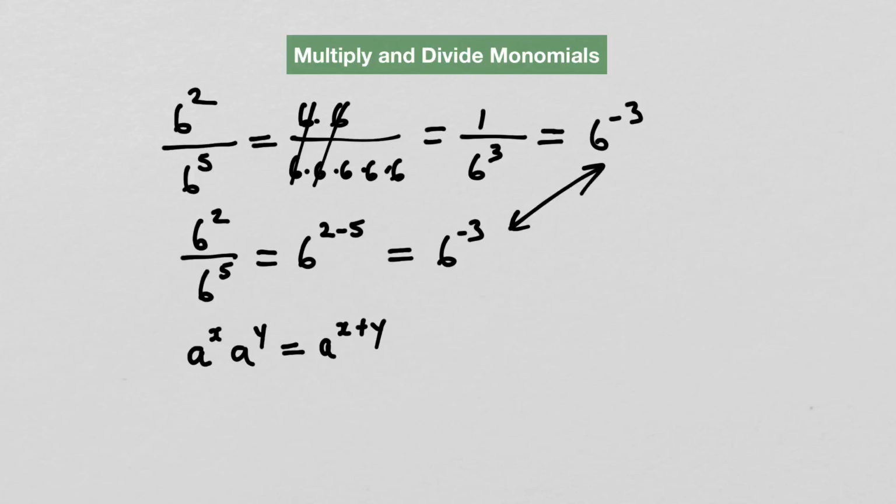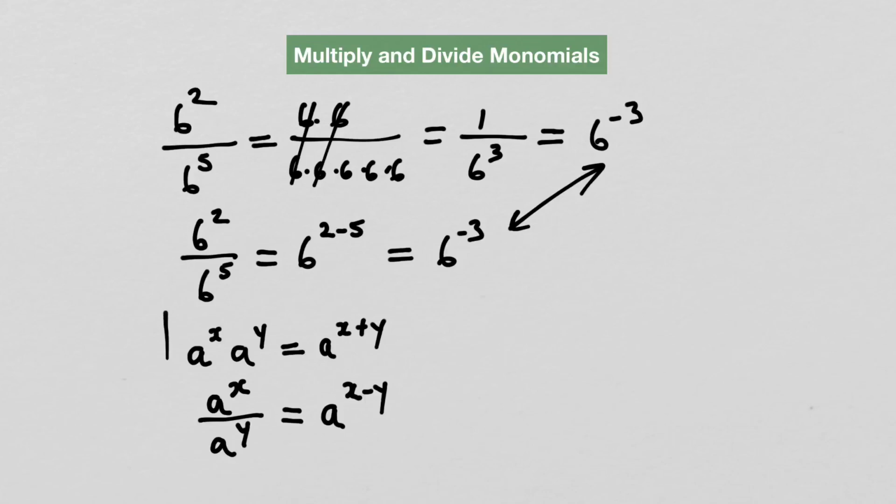However, if you are dividing monomials with the same base, then the answer would be the base to the power of x minus y.